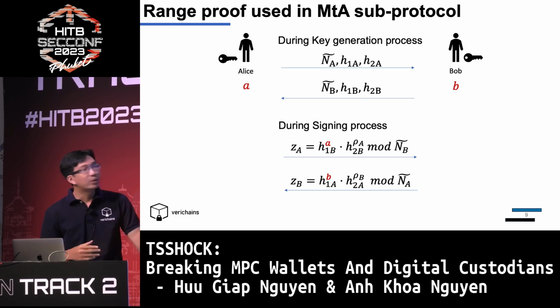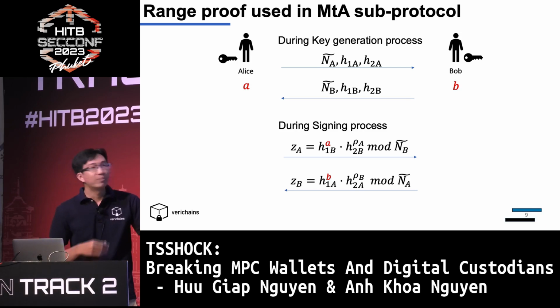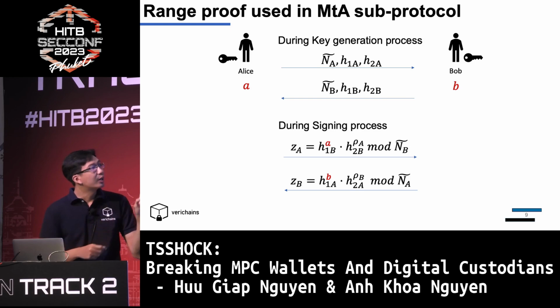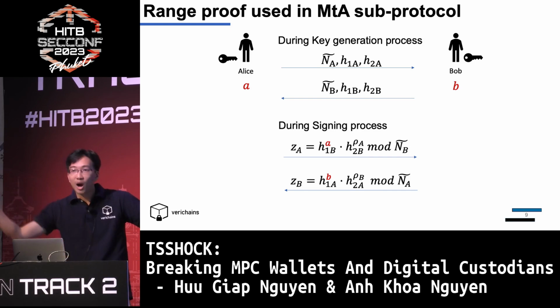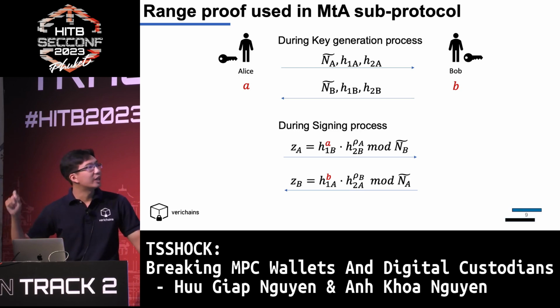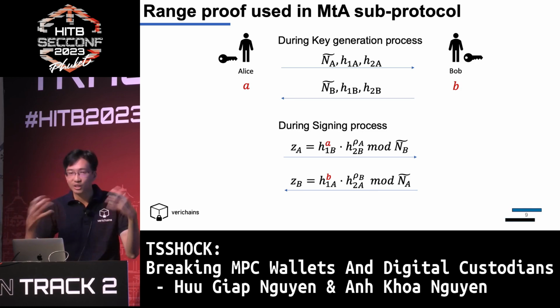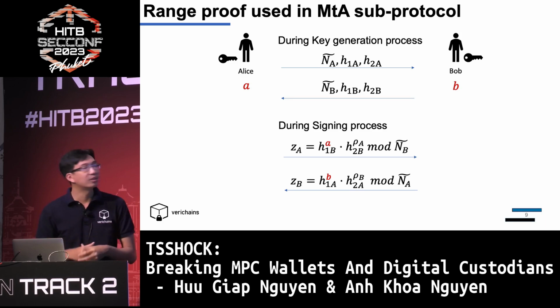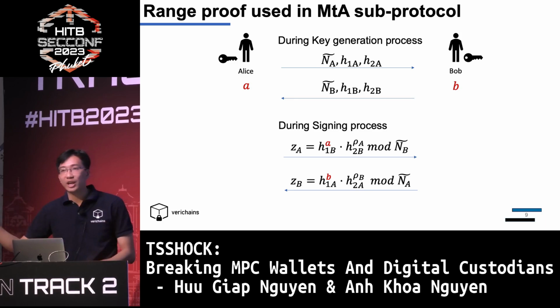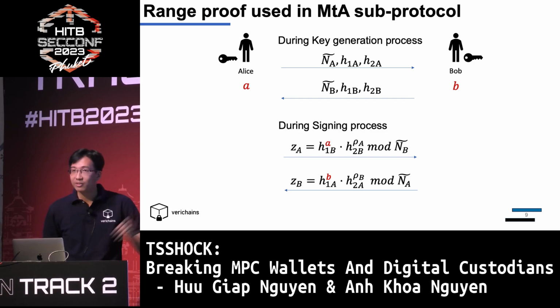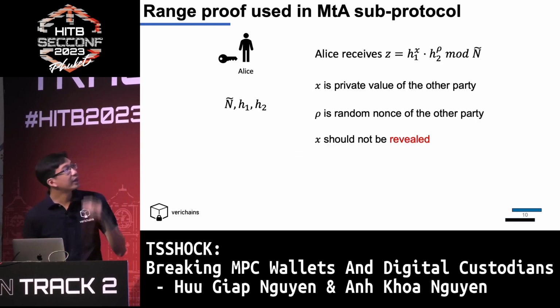And during the signing process, Alice will send to Bob her value a, but in some form like z equals h1 of Bob, to the power of a of Alice, multiplied by h2 of Bob, to some random value rho that Alice generates at that signing process, mod N tilde of Bob. And Bob receives the same thing. So we take a look at one side, like this.